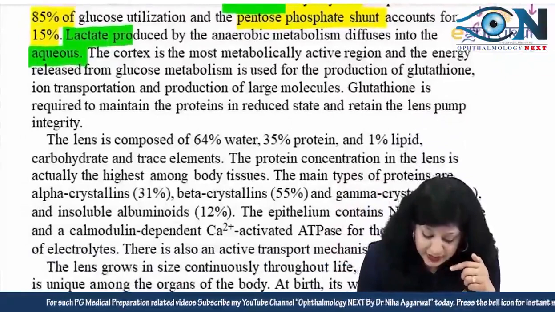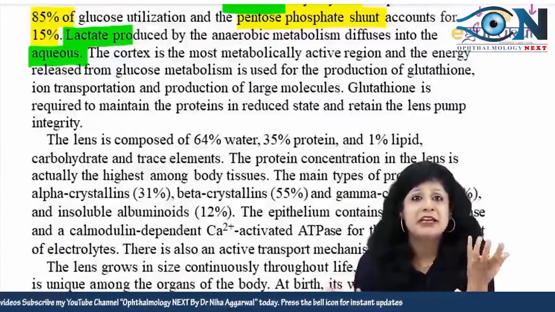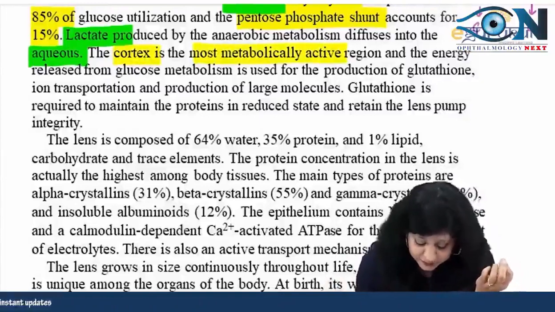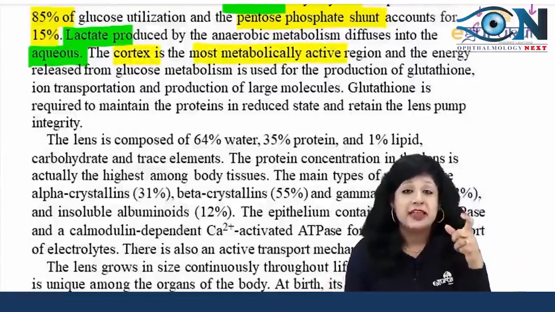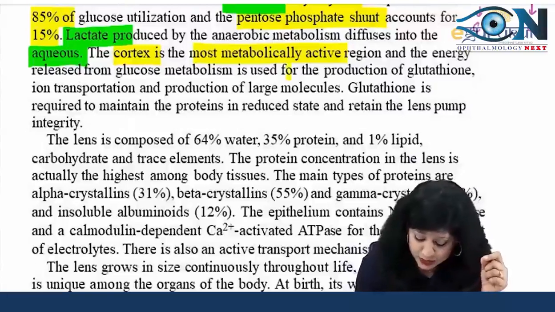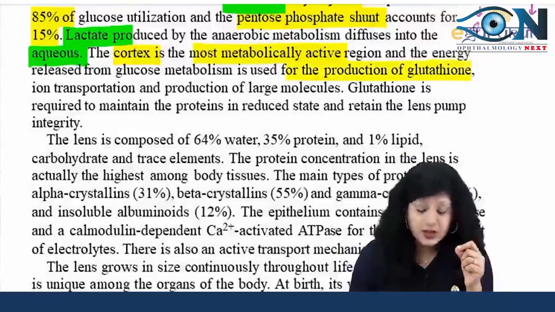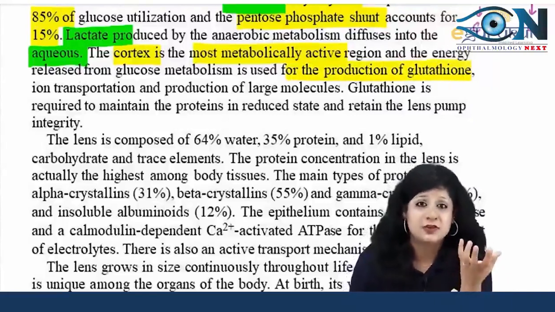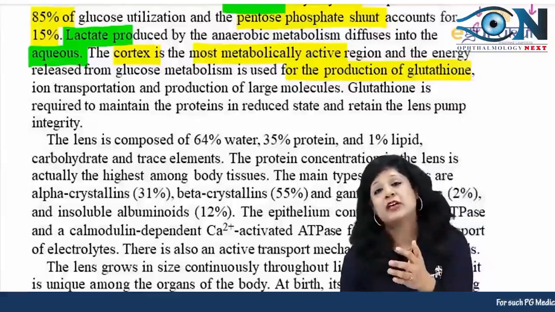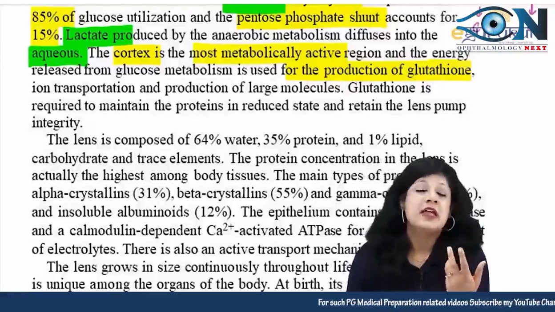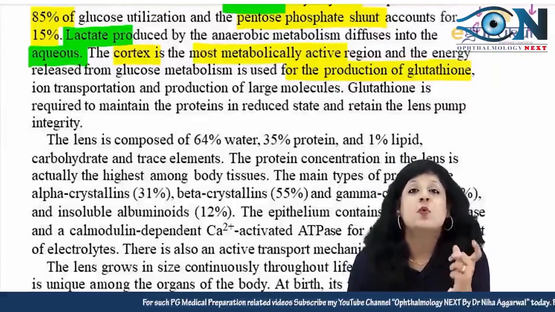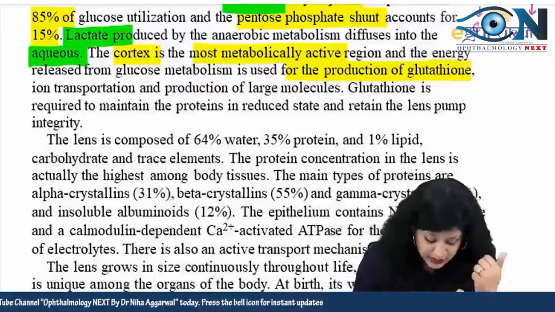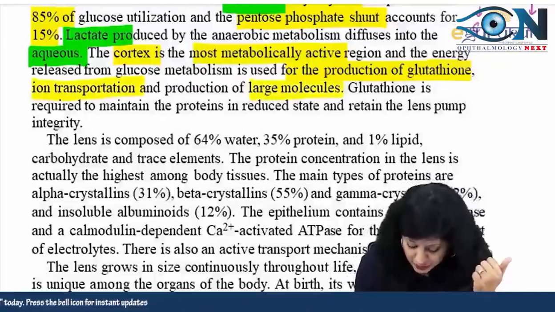The cortex. If you talk about the metabolically active part, it is the cortex that is the most metabolically active region. The energy released from glucose is used for the production of glutathione. Glutathione is a very important component, and when we do cataract surgery, the ideal irrigating solution that we use is the balanced salt solution with glutathione. Energy is also used for ion transportation and production of larger molecules.